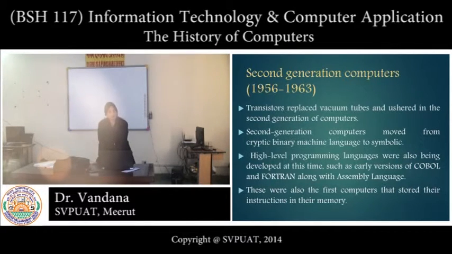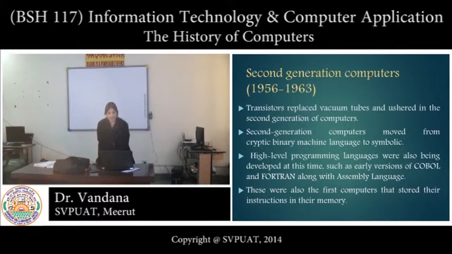The size of the computer obviously reduced, and the speed became good. High level languages like COBOL and Fortran started to come into existence, and assembly language was also used by these computers, where some symbols were used in place of 0 and 1.